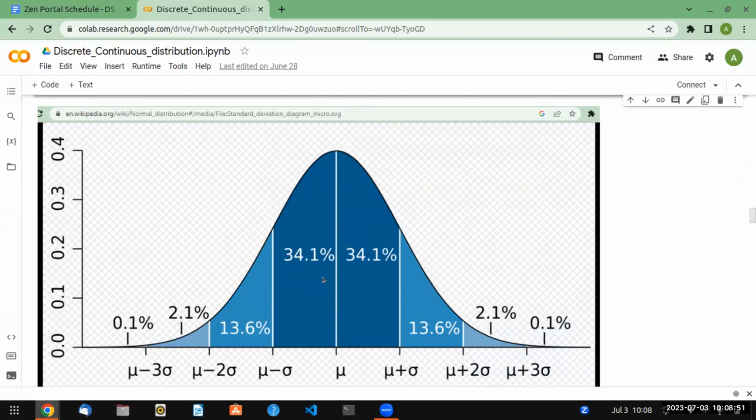I'm not going to explain in more detail, but I'll give you one example. By looking at my data, if it follows a shape like this, I can immediately say 68.2% of my data is between this point and this point.